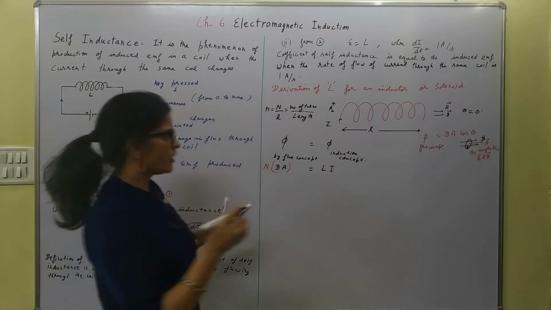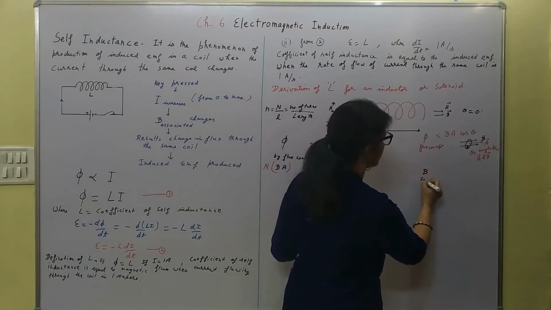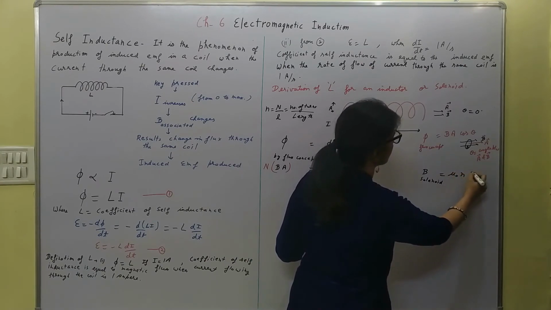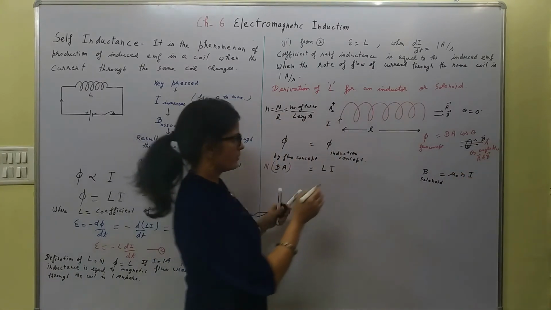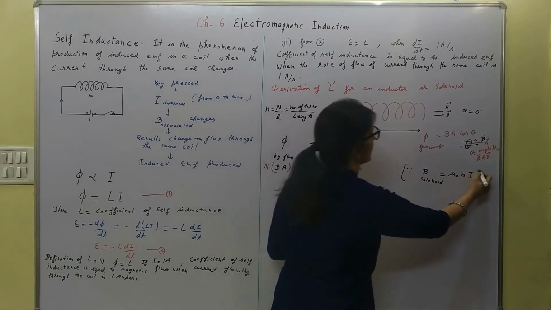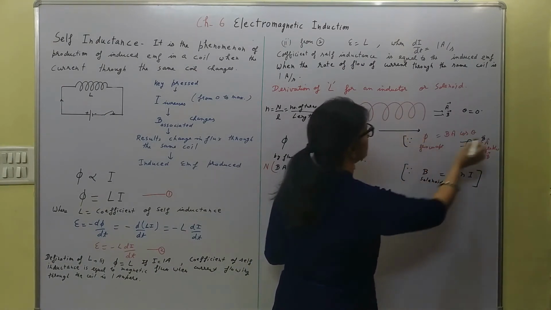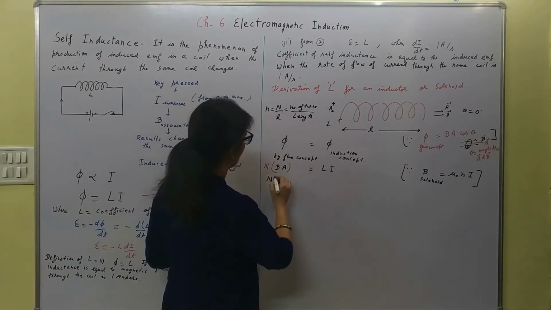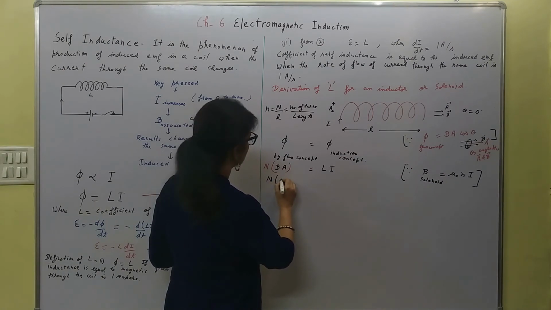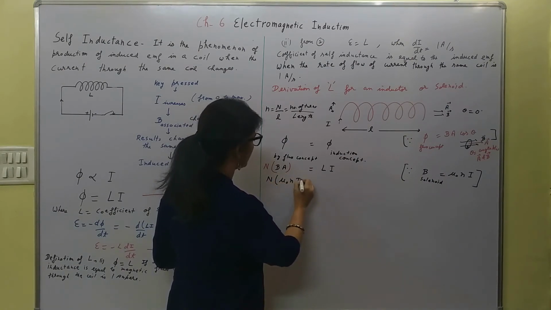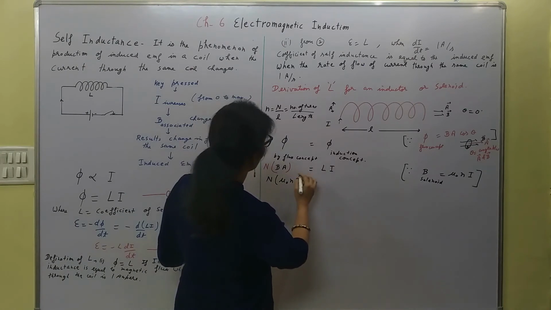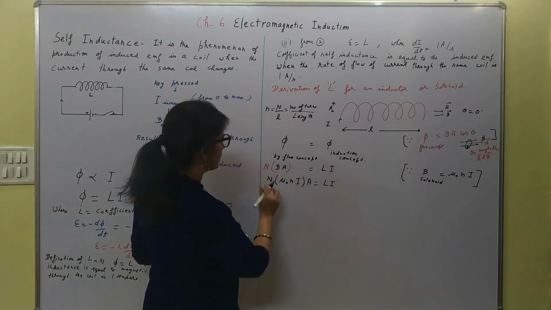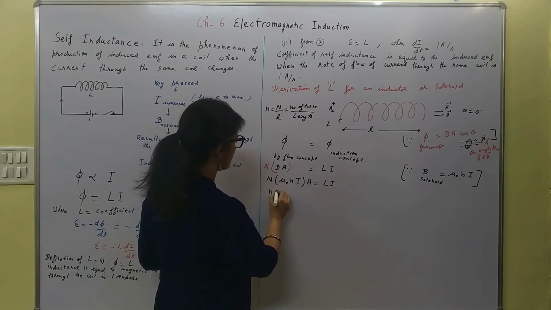Now what is the formula for magnetic field due to a solenoid? This is mu naught n I, where n is the number of turns per unit length. So we are putting mu naught n I into A is equal to L I. From here I can put the value of N, this is n into l.